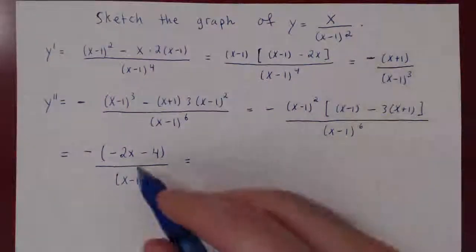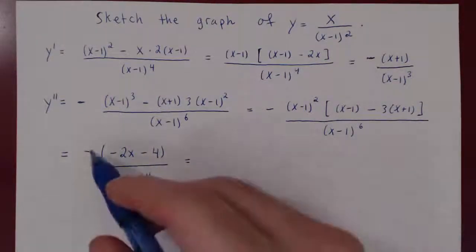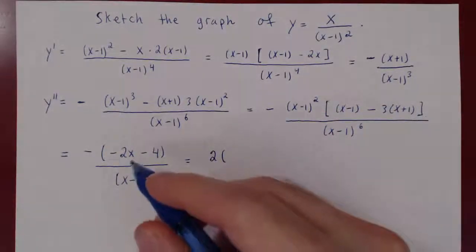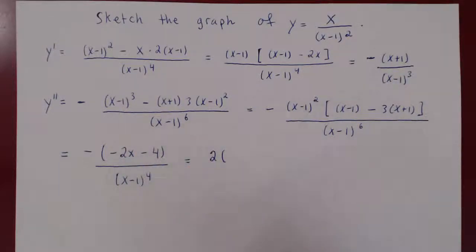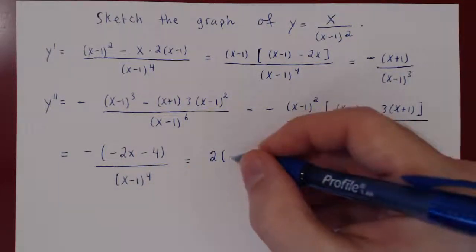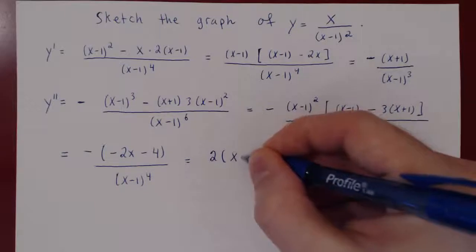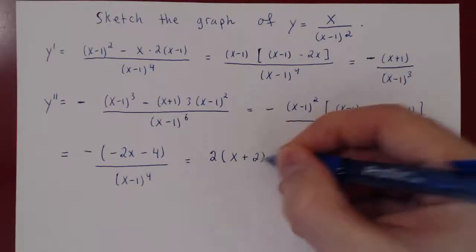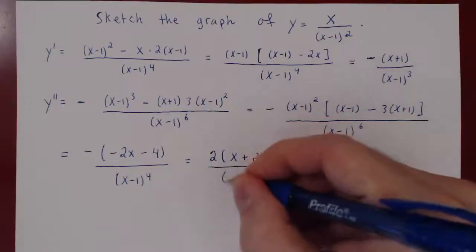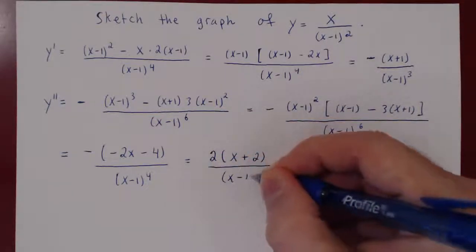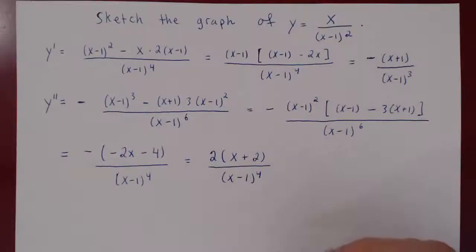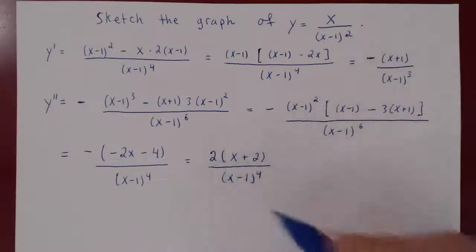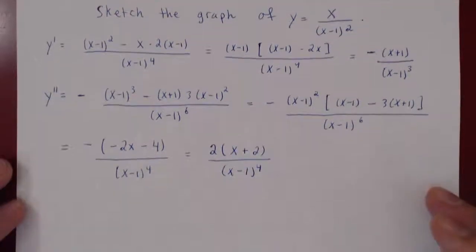And finally, we can factor from these two terms a negative 2, which will give you a positive 2 up front, times (x plus 2), over, of course, (x minus 1) to the 4. And now we have our first and second derivative fully simplified and factored, so we're good to go.